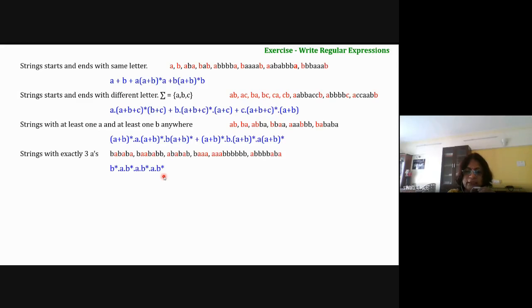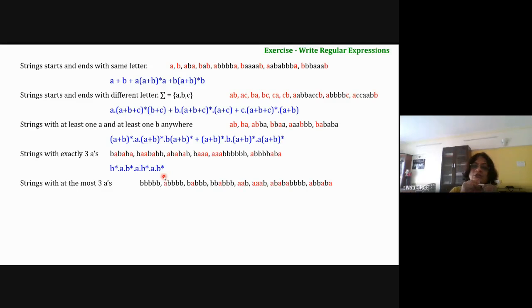So only three A's means any number of B's anywhere. Here exactly three. But suppose at the most three. At the most means maximum three, minimum can be 0 or 1 or 2. So I have written down the valid strings. Here 0 number of A's is allowed. 1 A anywhere is allowed. 2 A's anywhere is allowed, and any combinations are allowed.